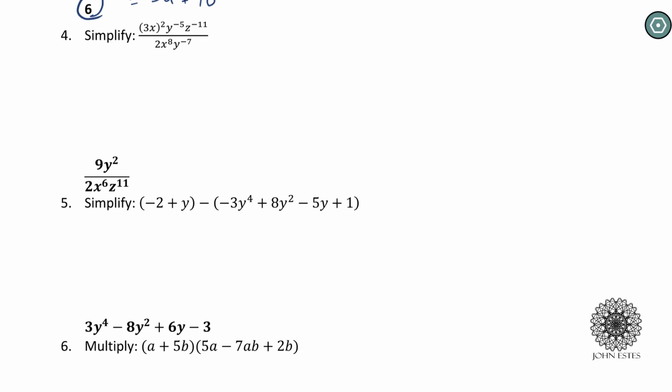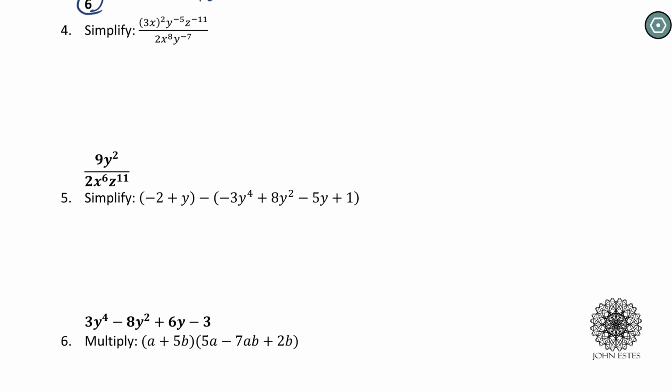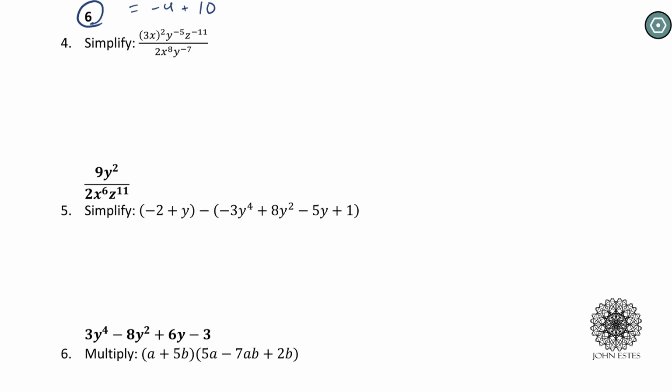For number 4, I want to simplify this expression, and what I recommend is to write everything in the numerator, because we're using a property here that says if I have x to the negative n power, that's the same as 1 over x to the n power, or 1 over x to the n. Those are all the same thing. So what that means then is that I can bring everything into the numerator, which I think is the easiest way to do this. So you have 9x squared, y to the negative 5th, z to the negative 11.